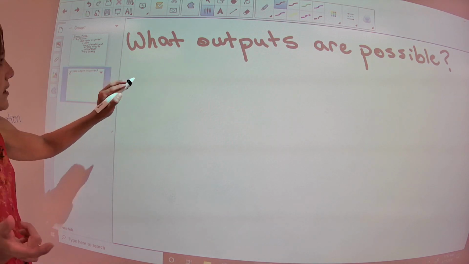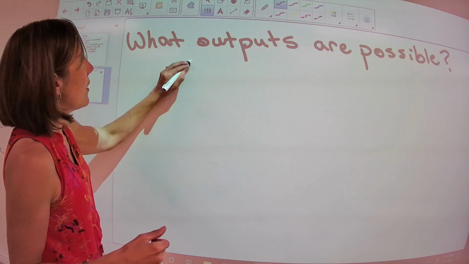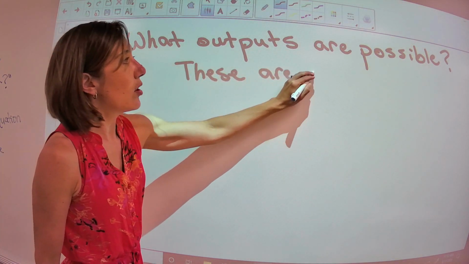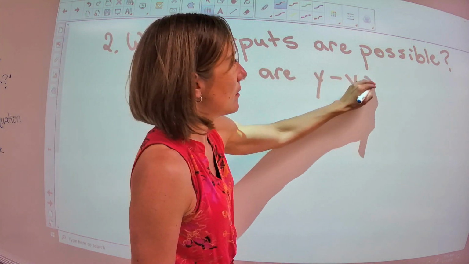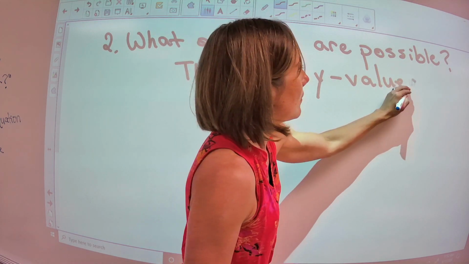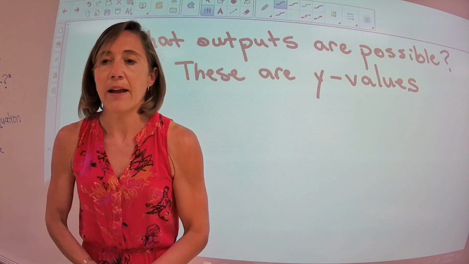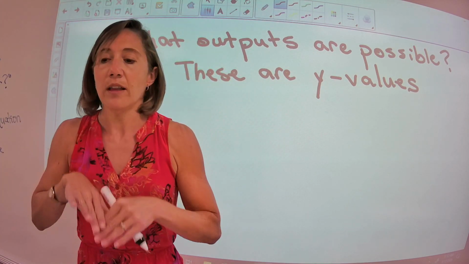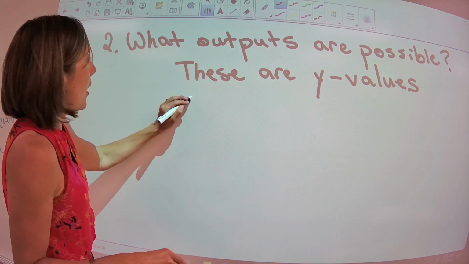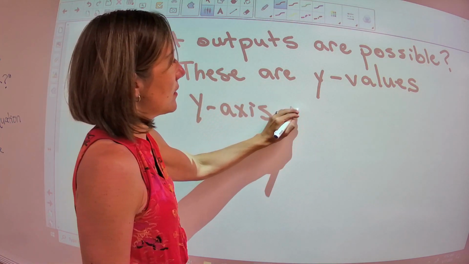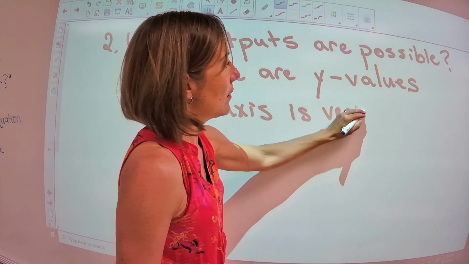What outputs are possible? So these are your y values. If you remember from graphing, your y-axis is the one that goes up and down. It can go really high up or really low down. So y-axis is vertical.